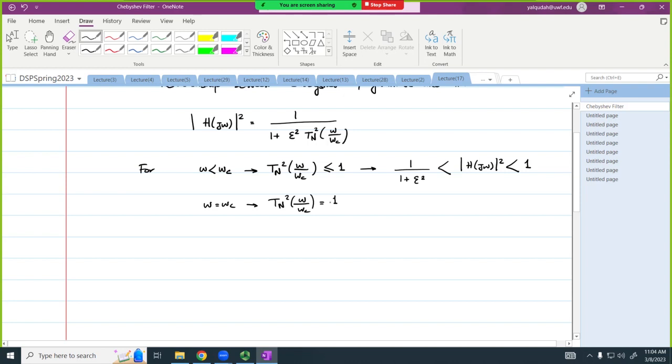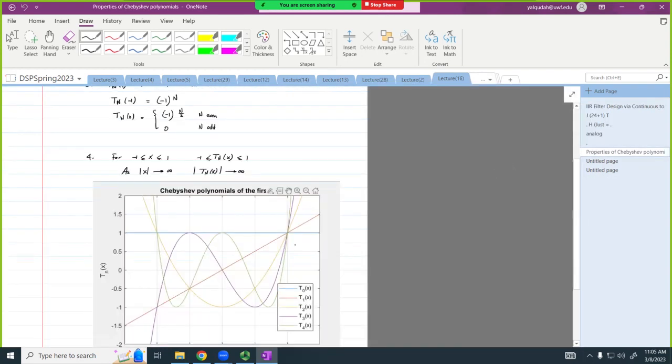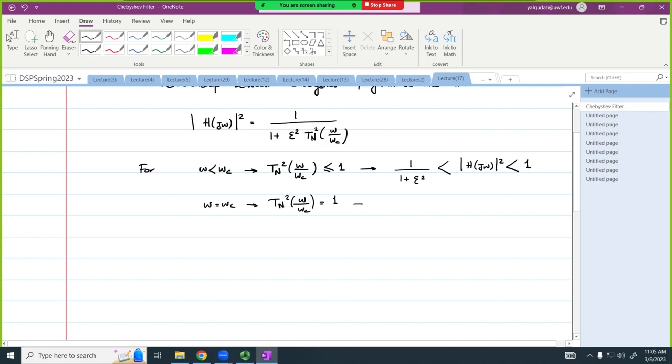It's going to equal 1, since I'm going to have omega c over omega c, and Tn squared of 1 is always equal to 1 from all these graphs. So the frequency response H of j omega squared is going to equal 1 over 1 plus epsilon squared.